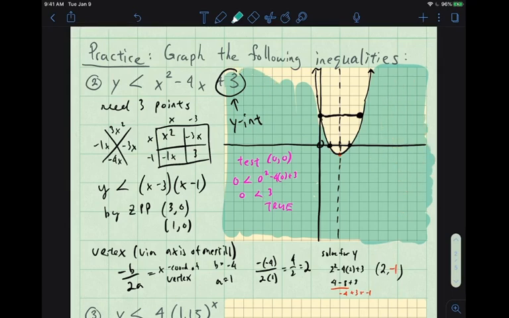Okay? That's the one difference between linear and non-linear inequalities. That's our answer there. A bit more work because the functions are a bit more complicated now. So what I've shaded in green, that is the solution to this inequality, y is less than x squared minus 4x plus 3.